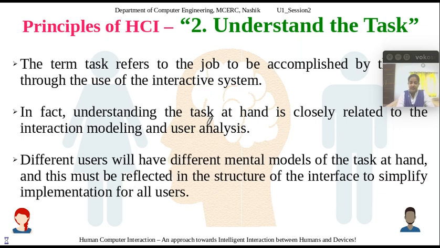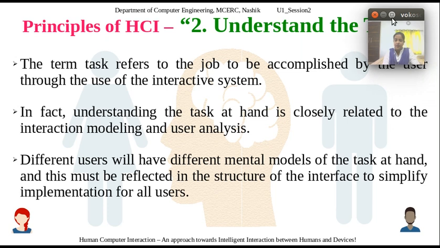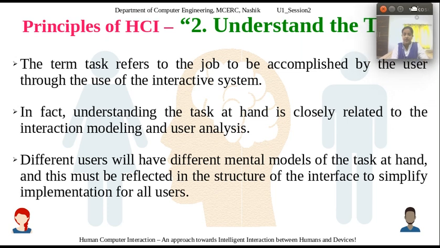Here we have to understand whatever task the user is going to perform by using one particular system, and to perform that task, what kind of mental abilities of that particular user will be used. This is the importance. Again, know the user and understand the task come hand in hand.